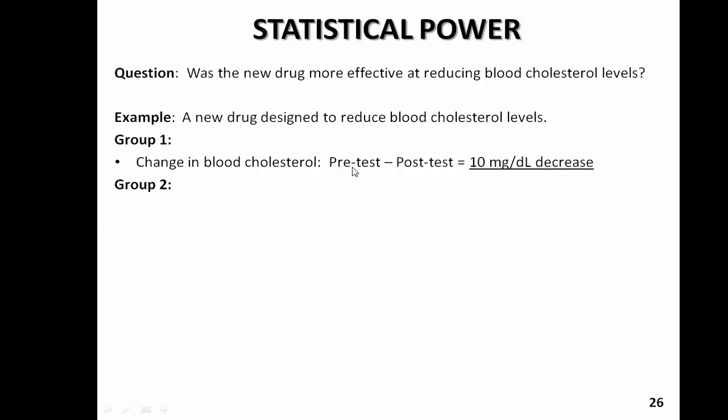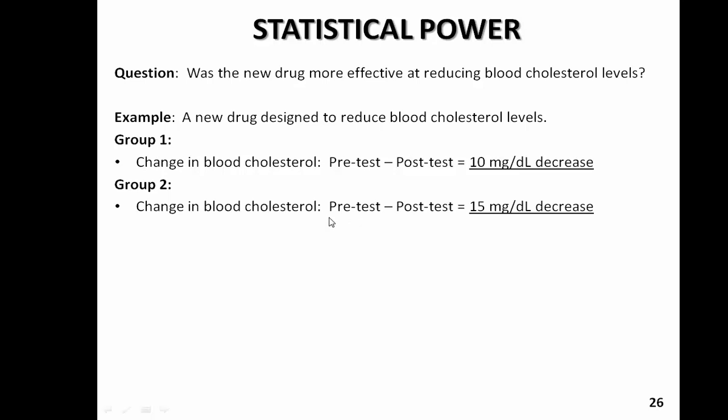And so we then further examine these data. With the first group, we take the pre-treatment, or pre-test, value for blood cholesterol, and we subtract the post-test value, and we have a 10 milligram per deciliter decrease in blood cholesterol. For group 2, we carry out the same calculation, and we found on average there was a 15 milligram per deciliter decrease.